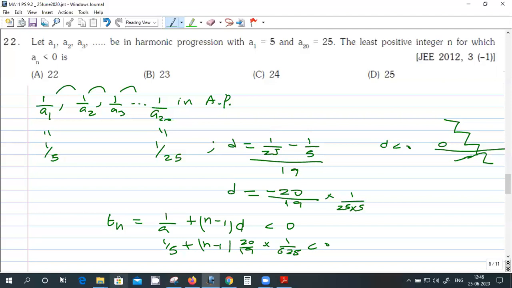So that will be 125, and this is minus sign here. So n has to be greater than something because after that it is always negative, right? So this is 125.